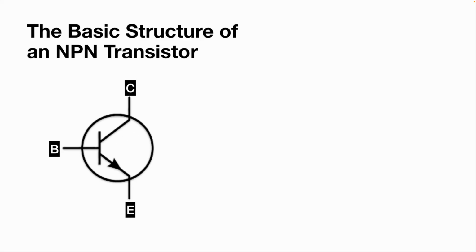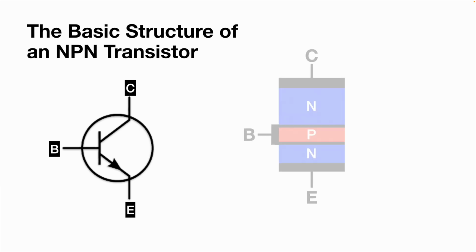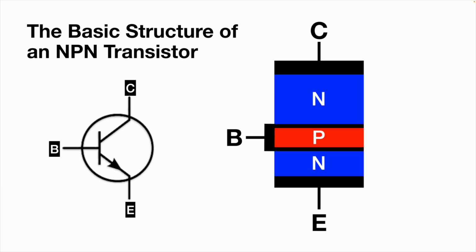So there's the familiar schematic there with the base, collector and emitter terminals marked. What it actually looks like in simplified form inside is something a little akin to this. So I've marked the three terminals there with my oversized cursor here: the collector, the base and the emitter.